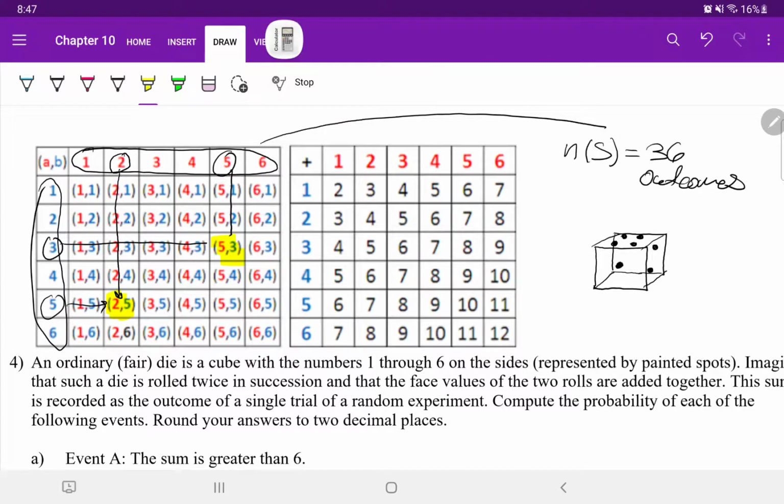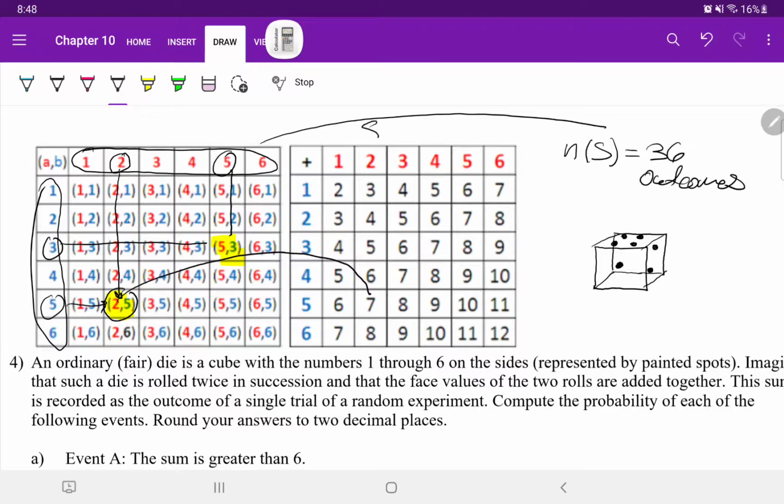The question says, find the sum of the pairs. To find the sum of the pairs, you're going to add the first roll value and the second roll value together. 2 plus 5 is 7. If you look here, in the same exact position in the table to the right, has a number 7.